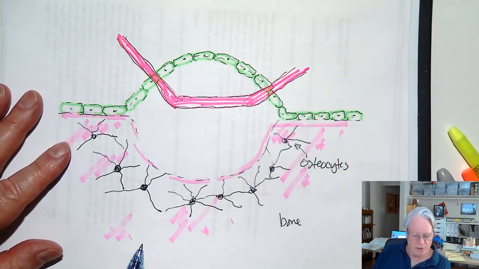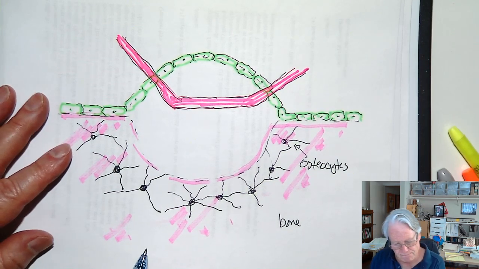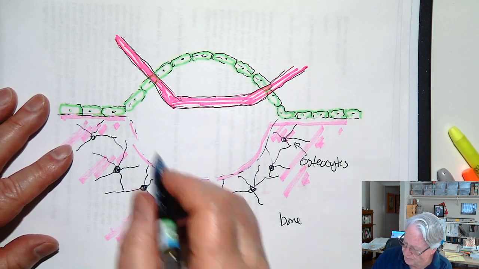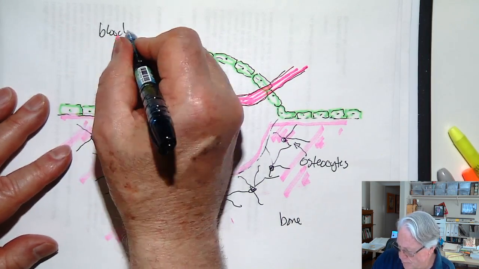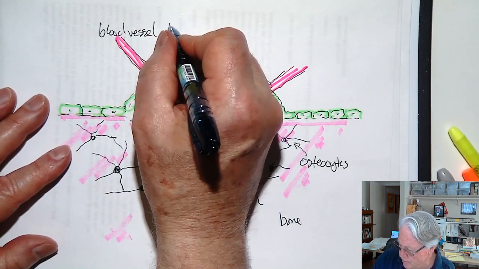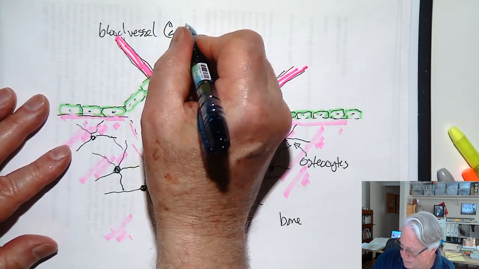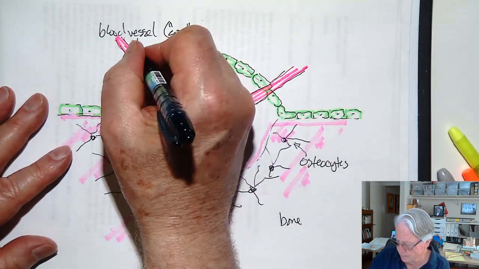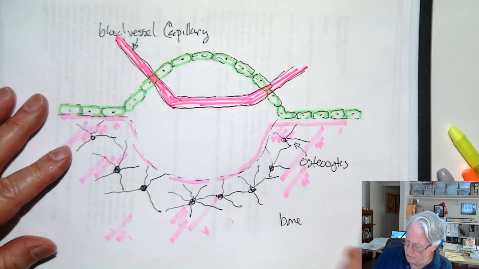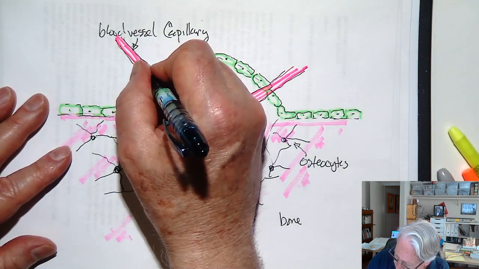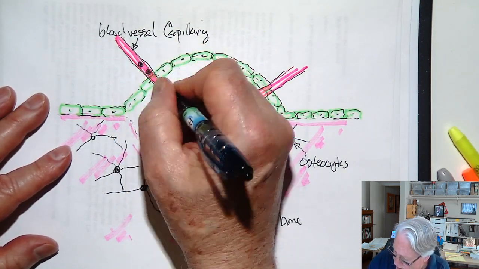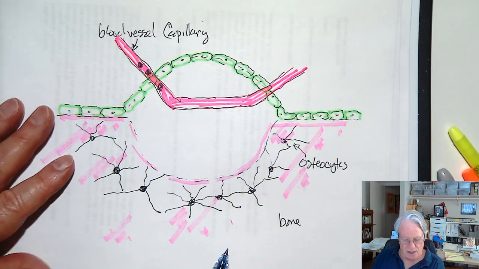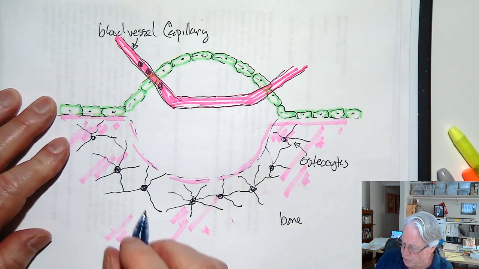Okay. So this is going to be the capillary. So this is a blood vessel. So a capillary. And we're going to have some cells in there, which we're going to draw in here. These are being delivered by the blood vessels, and these are the osteoclast precursor cells.